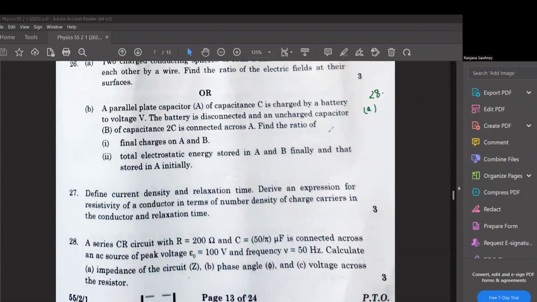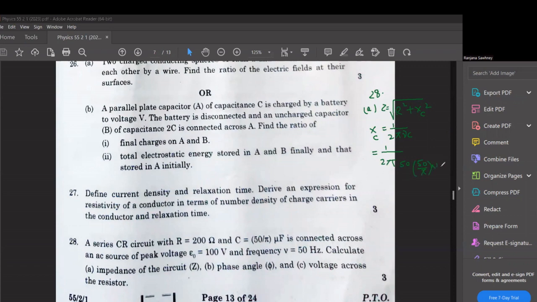A part, the impedance of the circuit. Impedance of the circuit, Z is equal to under root R square plus XC square. R is given as 200 ohms. Now let's find out XC. XC is equal to 1 upon 2 pi nu into C. All these values are given. Frequency is 50 hertz and the capacitance is 50 upon pi microfarad.